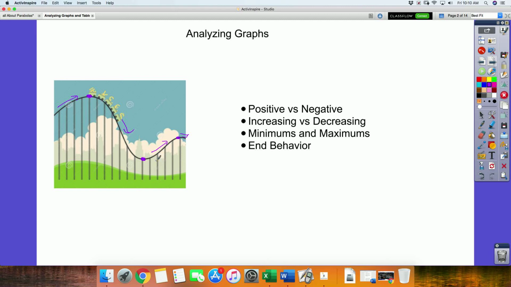These are what we call our minimums and our maximums. The arrows here represent our direction, if our roller coaster is increasing or going up, or decreasing and going down. So whenever we're doing these, I want you to start thinking about, well, if I was on a roller coaster, what would that feel like?